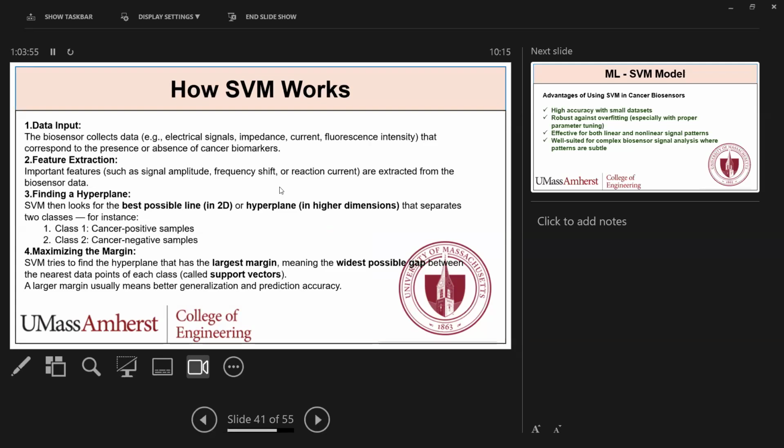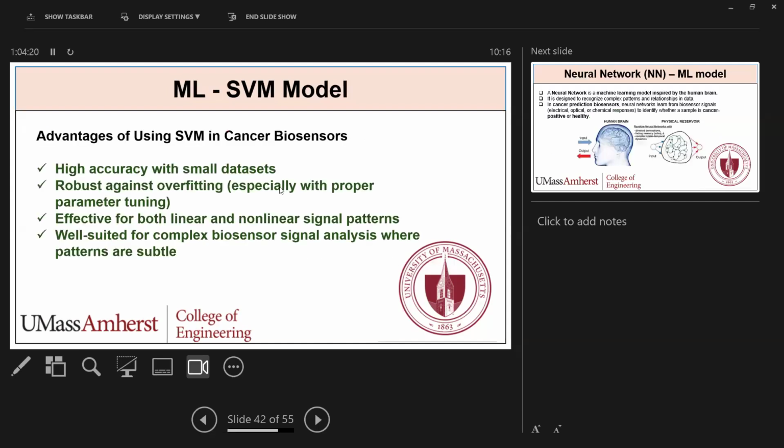Then the important features are extracted from the biosensor data, like the current, time, or frequency range, usually from 1 hertz to 1000 kilohertz. Then it finds a hyperplane between the two classes, maximizing the margin. That is how SVM works.